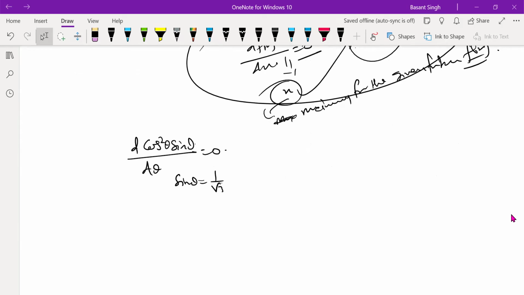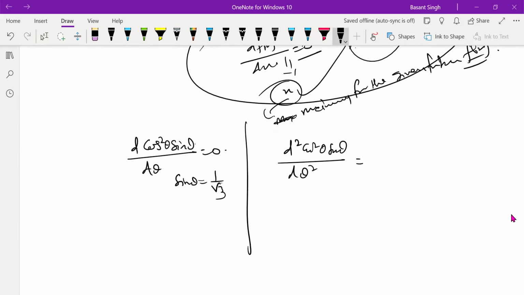We can calculate theta, but I have to check that this is a maximum. So first of all, double differentiate this function. You can do that.